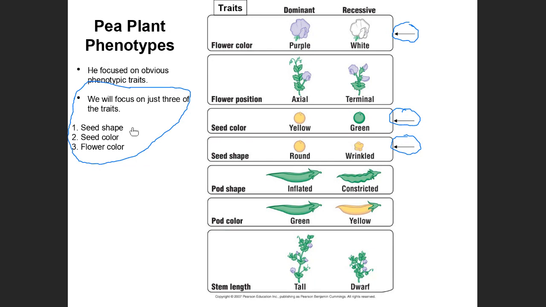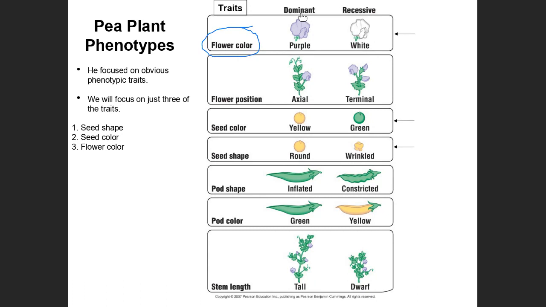Again, these are the 3 traits I want you to focus on. When we go over his first set of experiments, called monohybrid crosses, we will focus on this trait. Once you understand the pattern of inheritance for flower color, how purple and white is passed on, then it's what I call a pull and pluck.